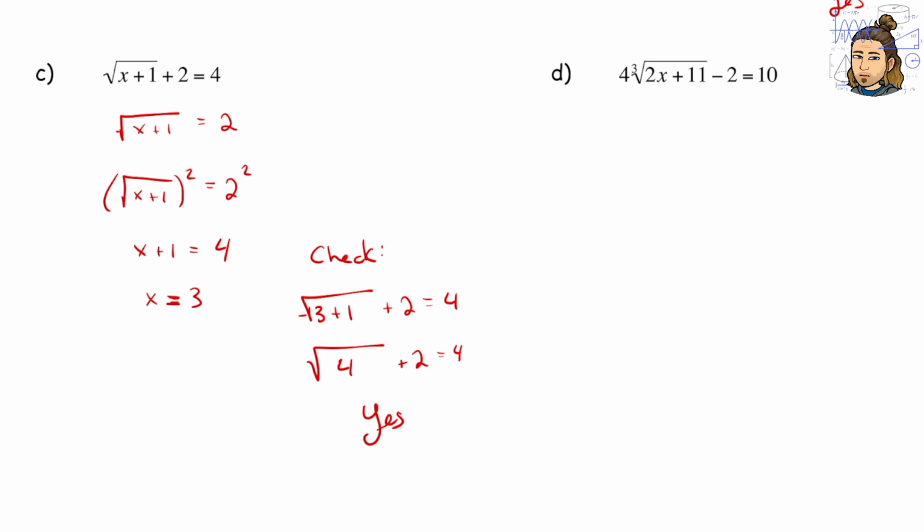We have 4 times the cube root of 2x plus 11, minus 2 equals 10. So again, we need to first isolate the radical on one side of the equation.